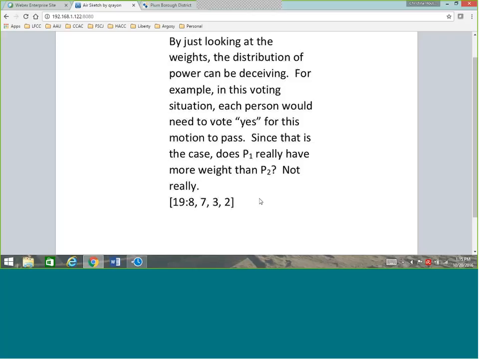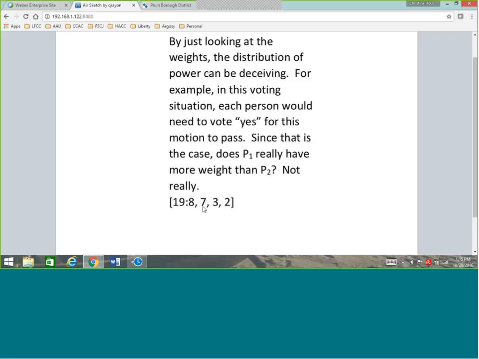So something to consider is, does player 1 really have more weight than player 2? Player 1 has a weight of 8, player 2 has a weight of 7, but when it comes to making a motion pass, the difference between the 8 and the 7 isn't really that different, because all 4 players have to vote for the resolution for it to pass. So the fact that they have different weights really doesn't make a difference.